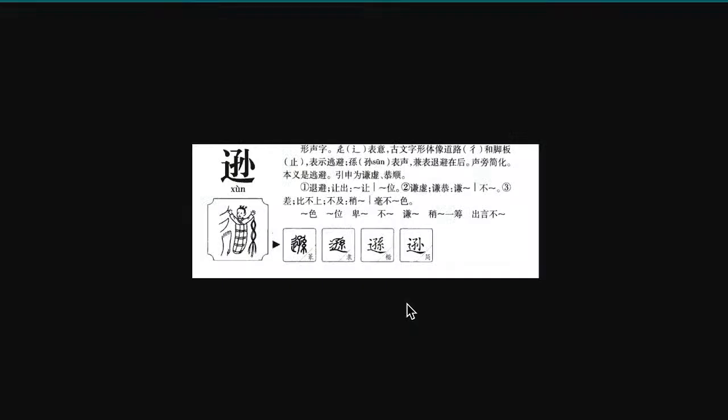If you look at the character, this one goes with the walking radical on the bottom and the character 孙 on the top. Now this 孙 represents the sound, and also carries meaning, because 孙 means grandchildren, right?